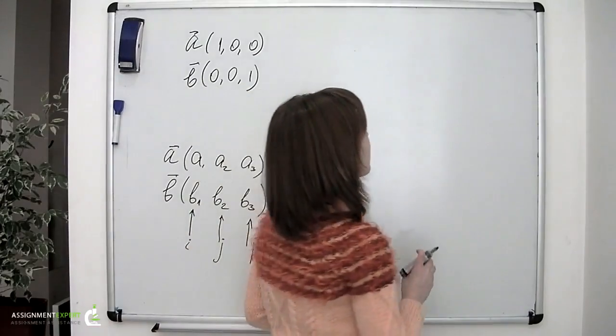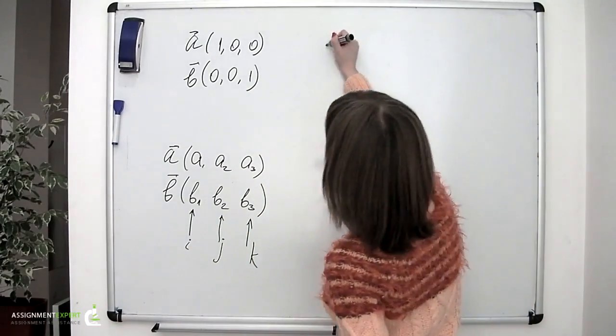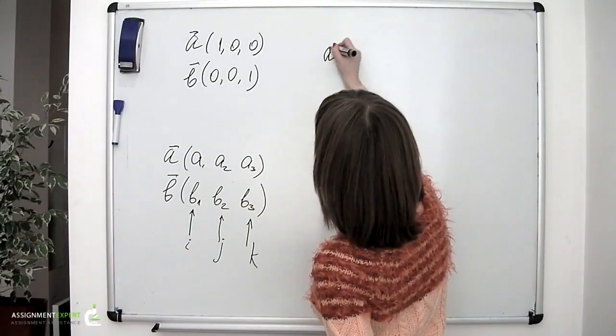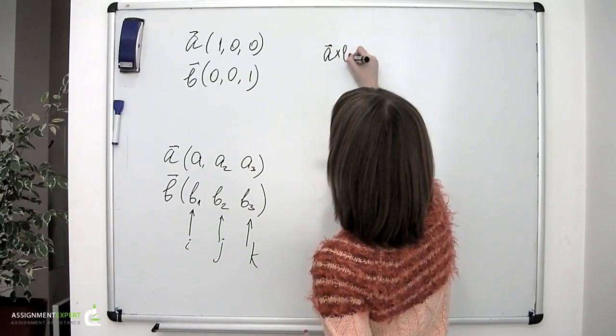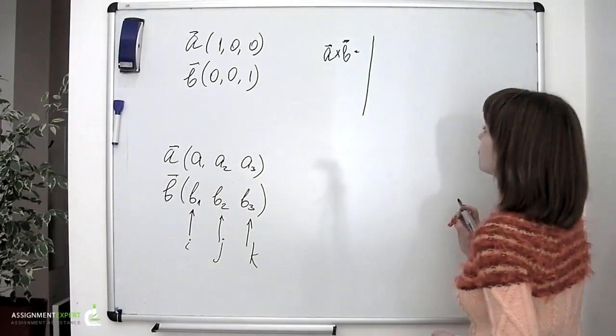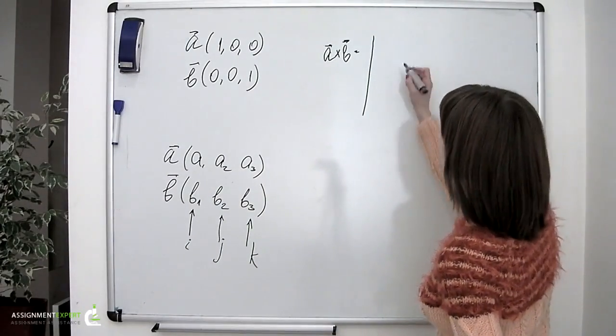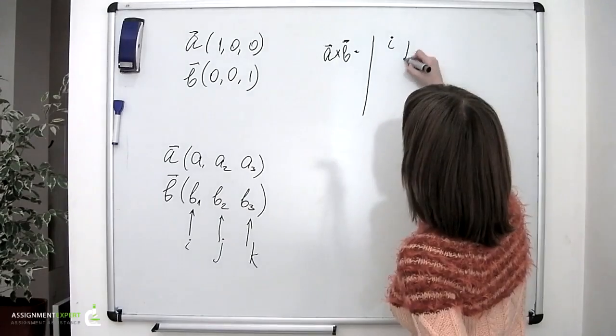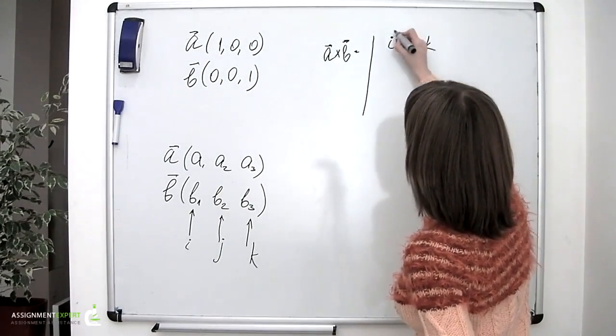So the determinant we're going to have to solve looks as follows. We have the cross product of two vectors A and B equals a 3 by 3 determinant, and the first row of the determinant is the standard basis I, J, K.